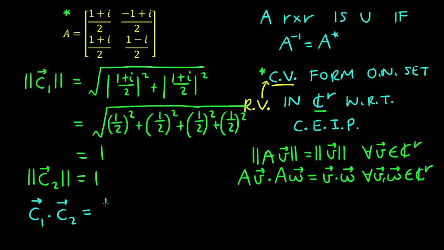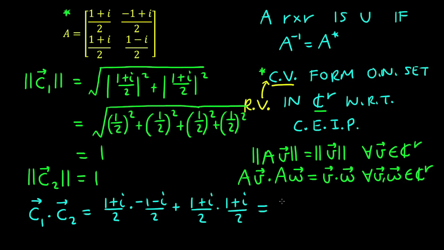So multiplying the first component of C1 by the complex conjugate of the first component of C2, and then plus the second component of C1 by the complex conjugate of the second component, which is 1 plus i on 2.